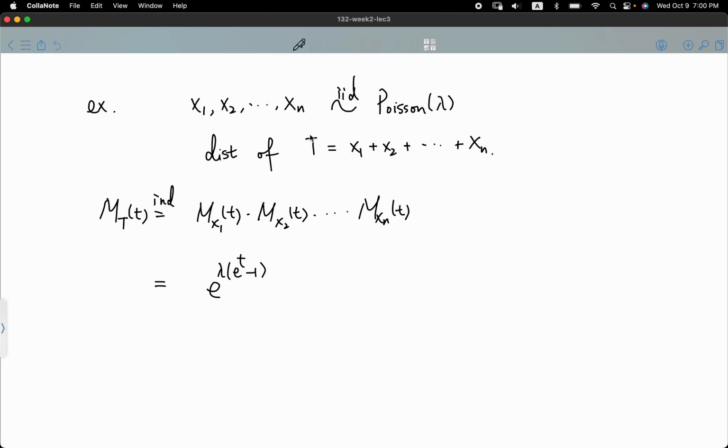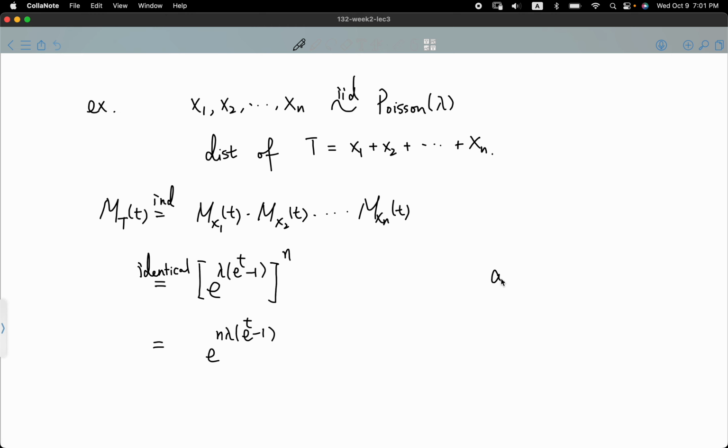But because we know that they are identically distributed, each of the random variables Xi has this form for its moment-generating function. And essentially, we have n copies of them, which is just this formulation raised to the power of n. And this will give our result as exp(n lambda (e^t - 1)).